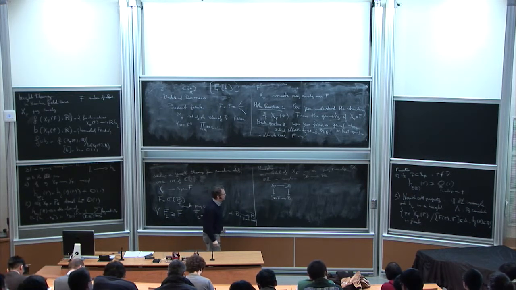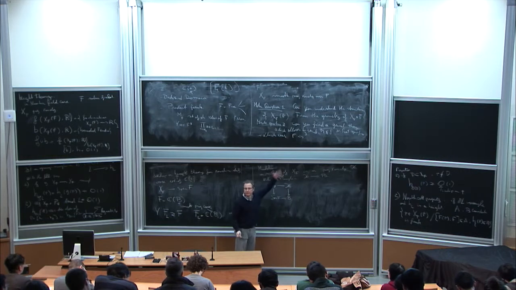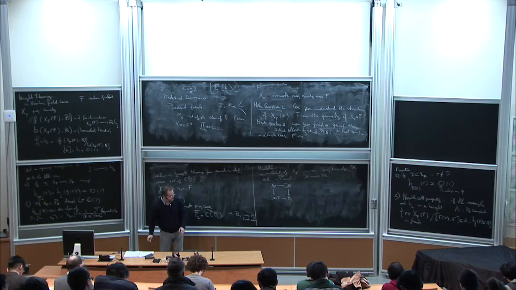And I will suppose that the morphism is flat, so I don't want to add the components which are useless.